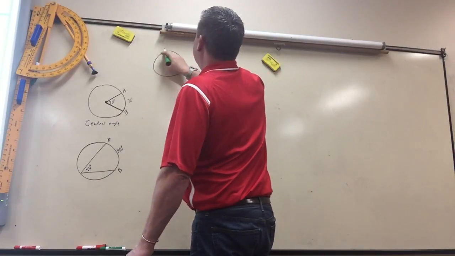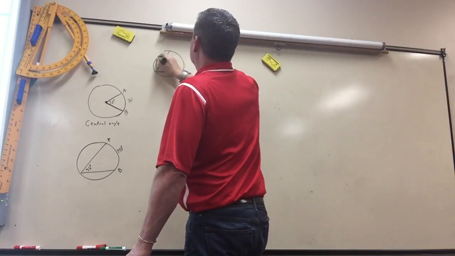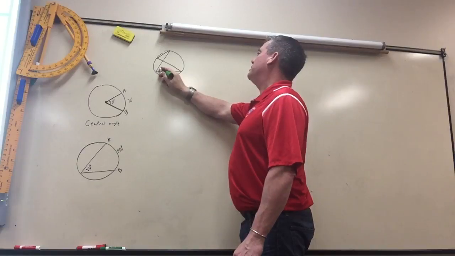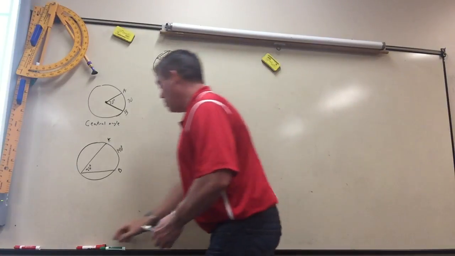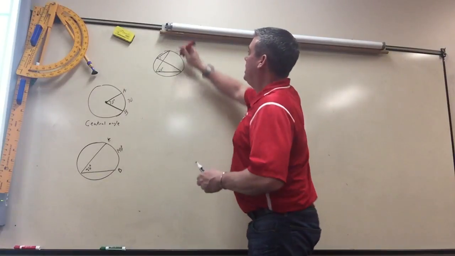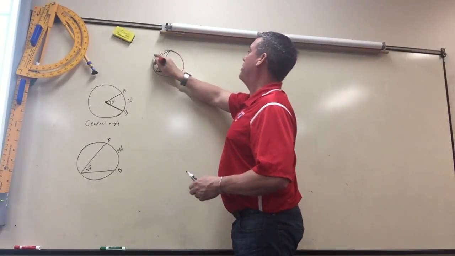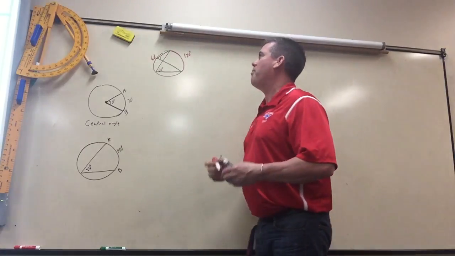So we have a lot of pictures like this, where we've got two angles here. Since they both intersect this arc right here, they're both the same angle, which means the arc is 120.